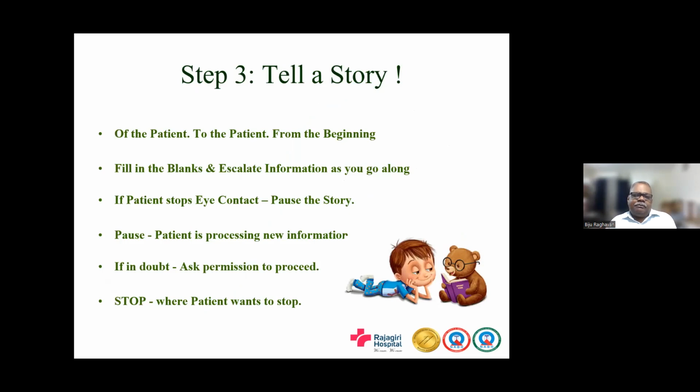So now you know where the blank spots are. You know what the patient understands. You know what the patient has no clue about. Then you tell the story, and while you're telling the story, you fill in the blanks.